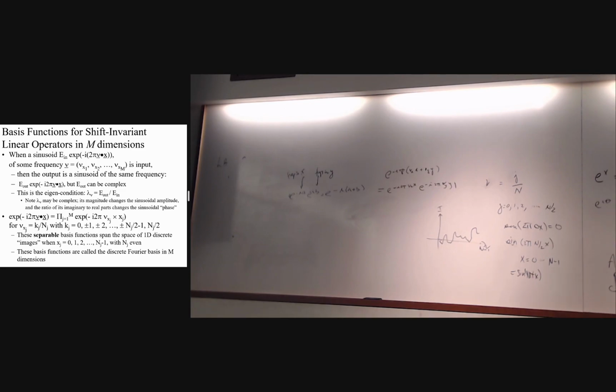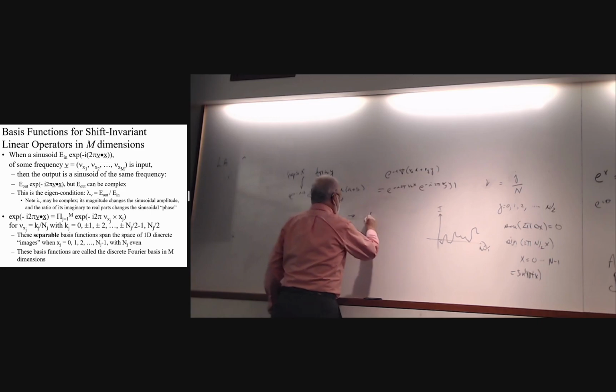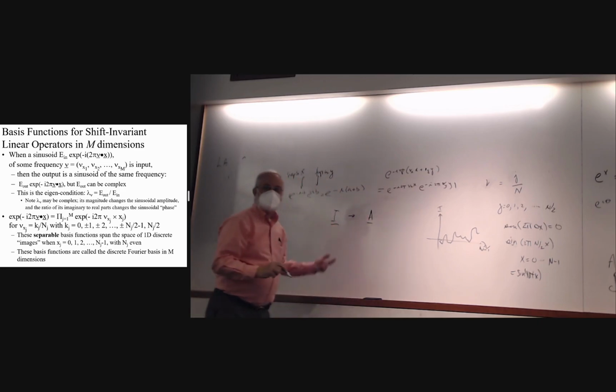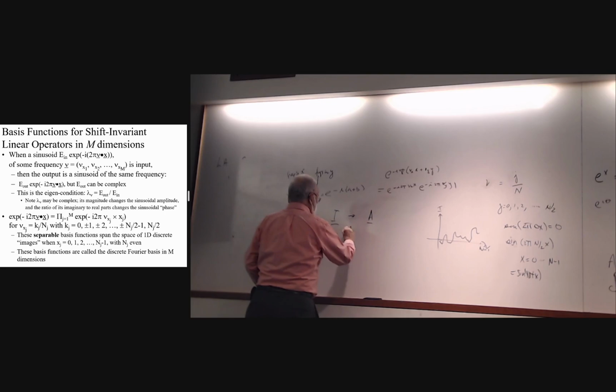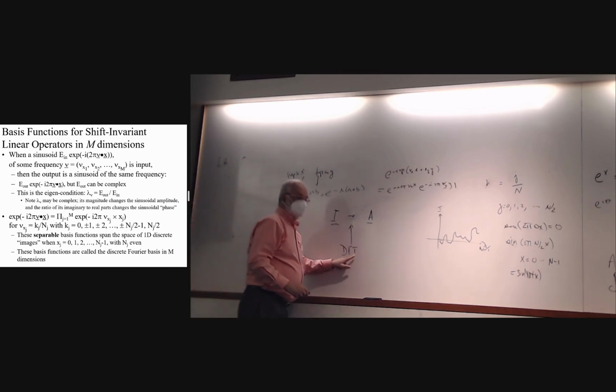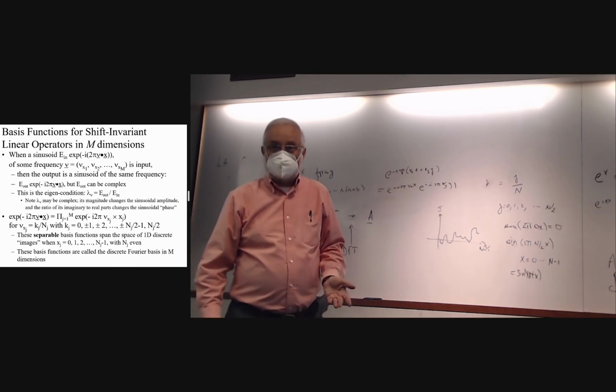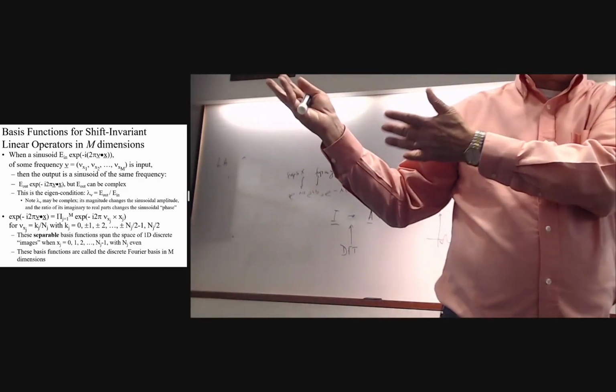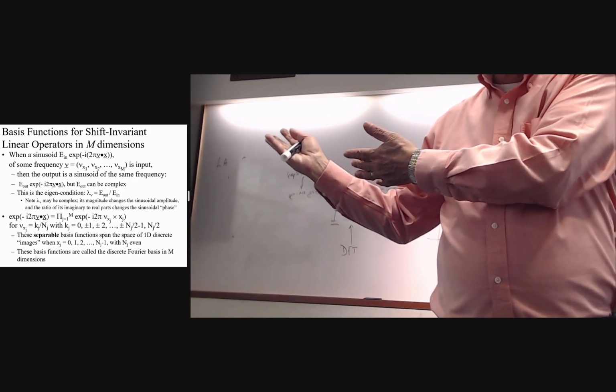So to go from an image I to the A array, the coefficients, that transform is called the Fourier transform, or specifically for us, where our inputs are discrete, integer-valued images, this transform is called the discrete Fourier transform. It's just the mapping from the images to the coefficients that we've been talking about during this whole lecture. Right?